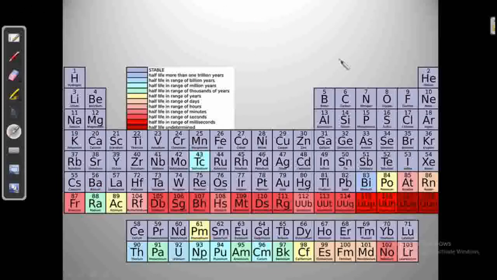The third group starts with boron. This is the boron group, and this is the fourth group. This is the fifth, the sixth group, the oxygen group, and this is the seventh group, known as the halogens. The most active element here is fluorine.